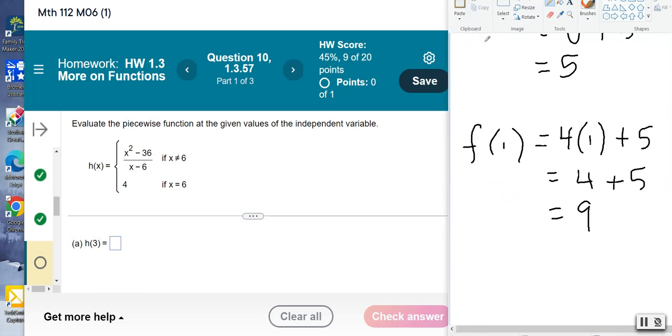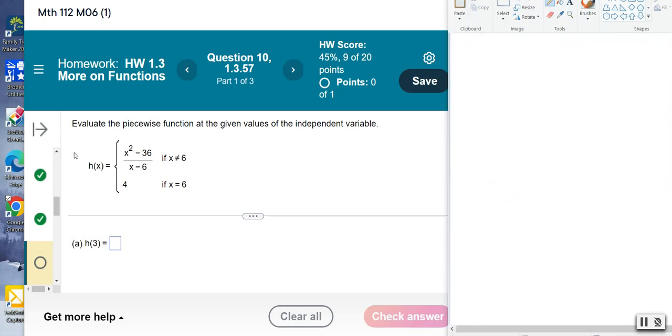So same thing here. They want us to evaluate the piecewise function at the given value of the independent variable. So h of 3. Now notice they say x can't be 6 here. That's because it would make a 0 denominator. So they've assigned if x is 6, then the function or the y value has to be 4. But they just asked me for h of 3, and that can't be the second piece because it's only x equals 6. I have to put it in the first piece.